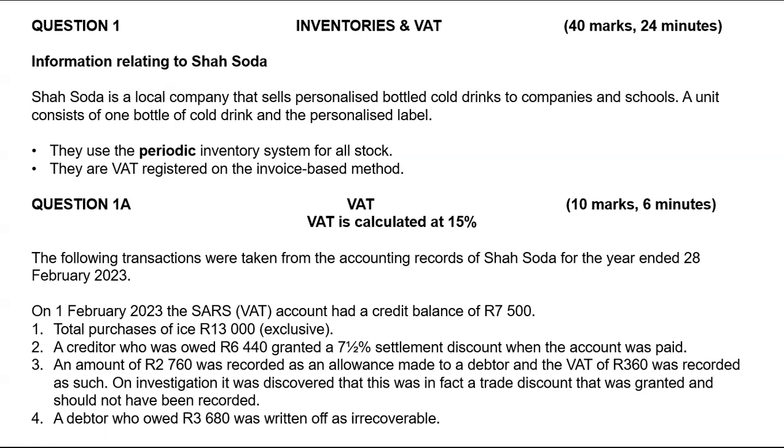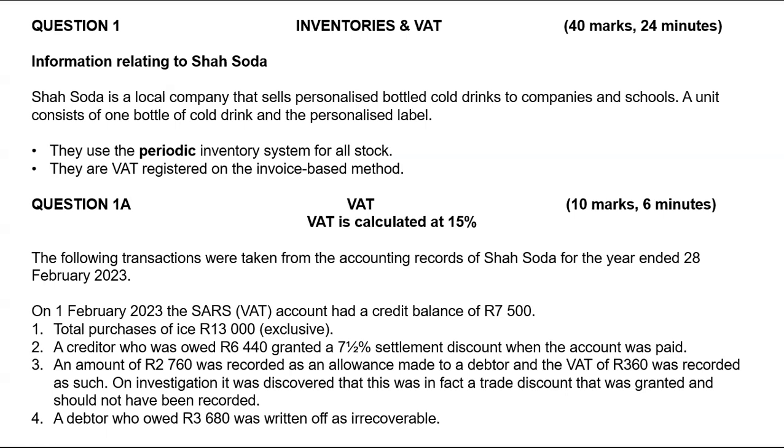Now, what we did is that we reduced our VAT output by 360. We reduced our VAT output by 360. We good. Because that 360 represents the VAT of the goods that were returned to us.